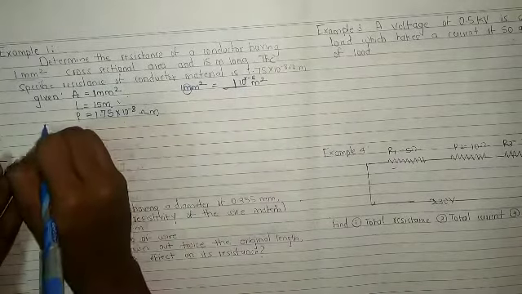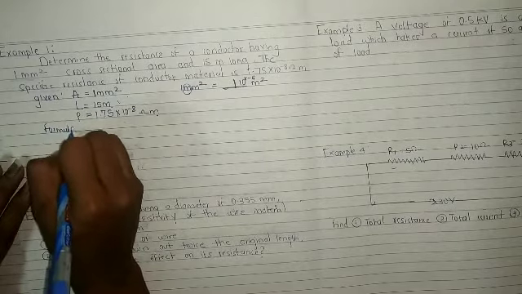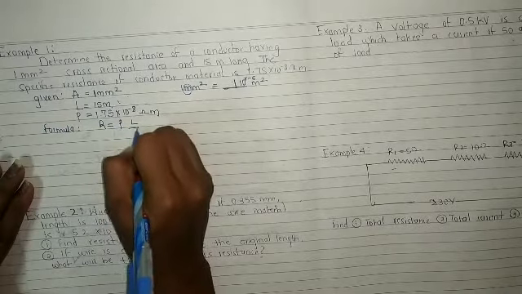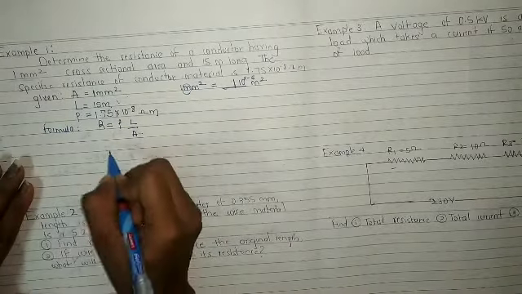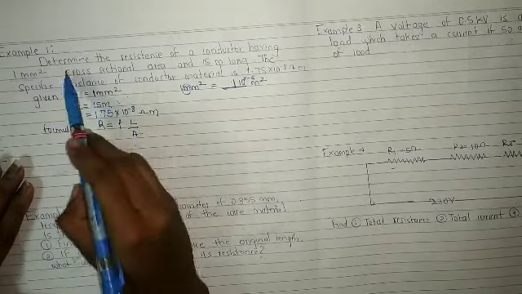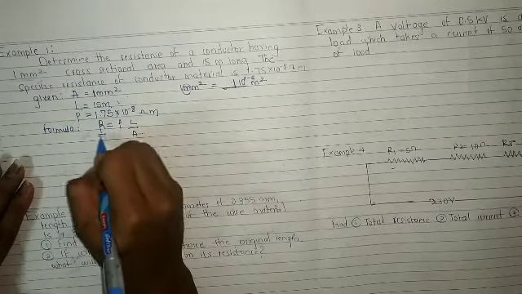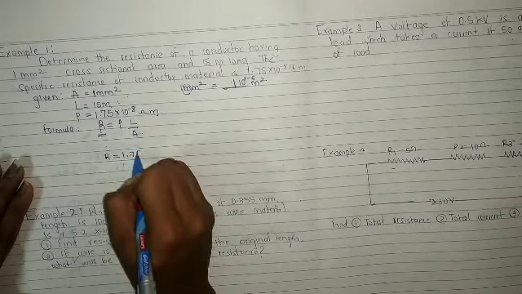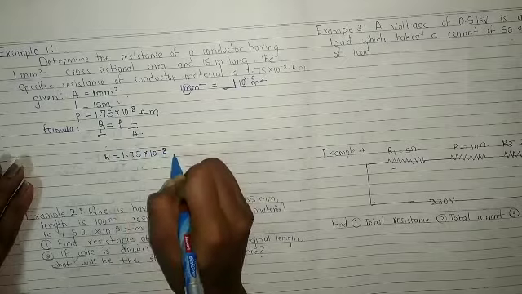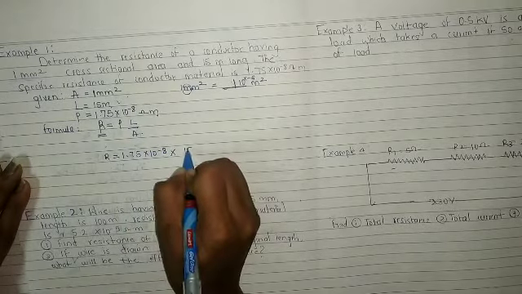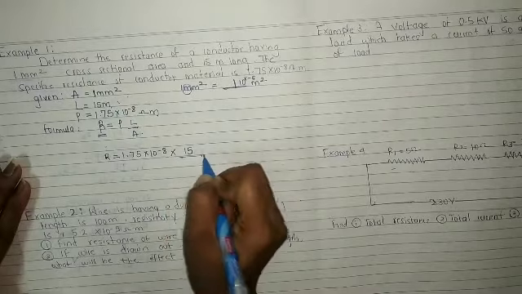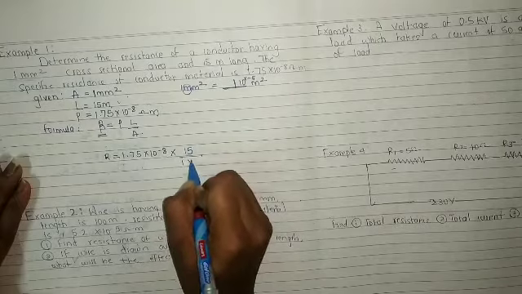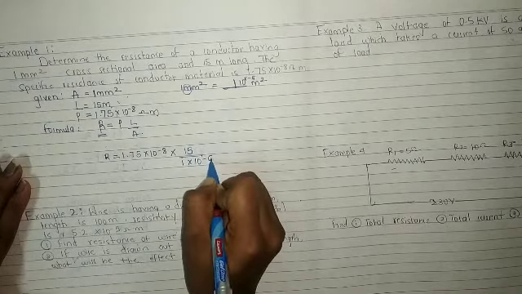Now the formula: we know R is equal to rho L by A. Now we just have to put in the values. They have asked to determine the resistance, so R is equal to 1.75 into 10 raised to minus 8, into the length 15 meter, divided by the area we calculated, 1 into 10 raised to minus 6.